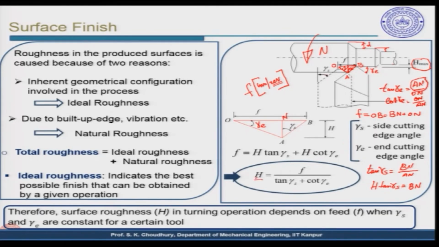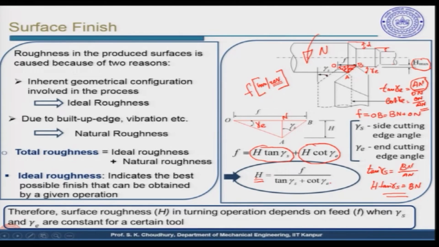So, h we can find from this equation, because f is equal to BN plus ON. This is BN, which we found here, and this is ON that we found from here. From this equation, take h common, and h is equal to f divided by tan gamma s plus cot gamma e.